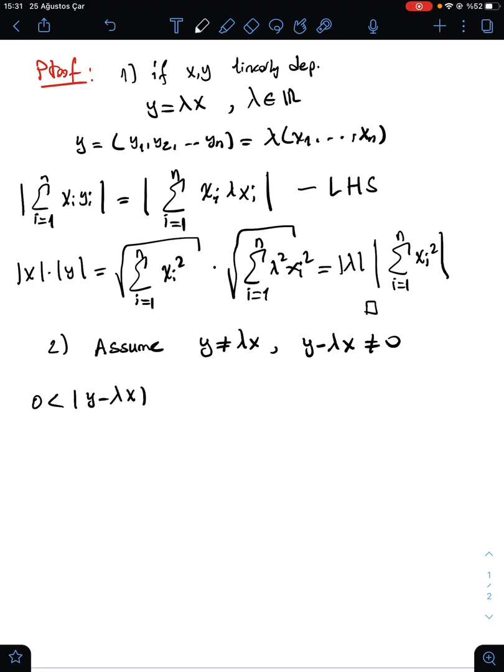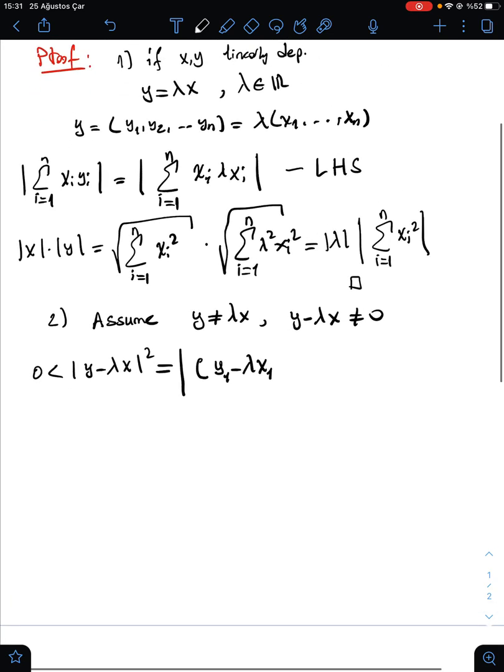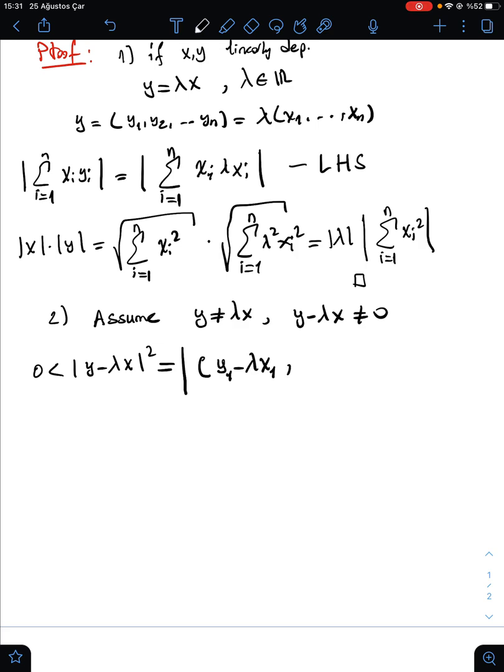We take its absolute value and square it and write it down openly. So coordinate-wise we have y1 minus lambda x1, the second coordinate is y2 minus lambda x2, etc., until yn minus lambda xn.